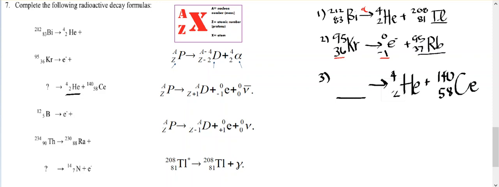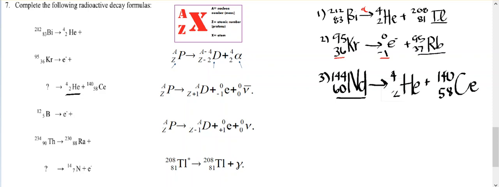Therefore, we will end up with 144 and 60. And when we look on our periodic table for the element with the atomic number 60, we get neodymium, which is Nd.